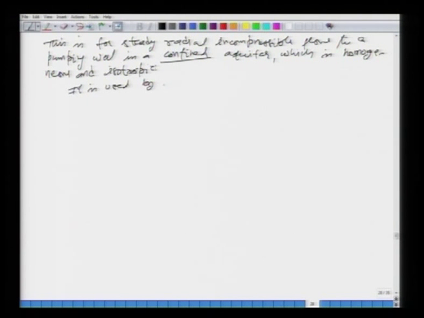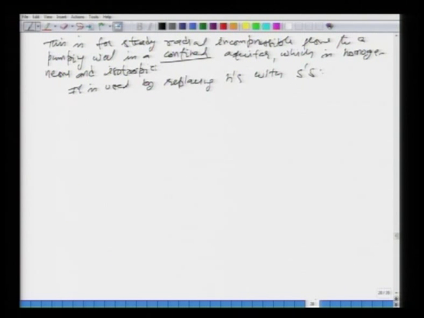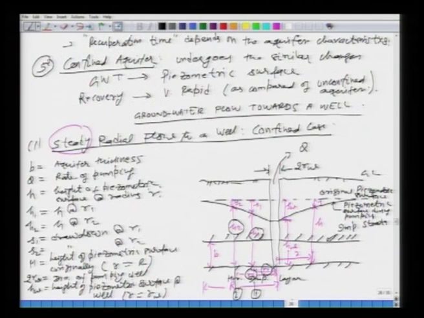by replacing H with S's. If you go back, you see you have the H involved in the equation. So, normally we exploit this condition: the total H is equal to S1 plus H1. You go back to the definition sketch.